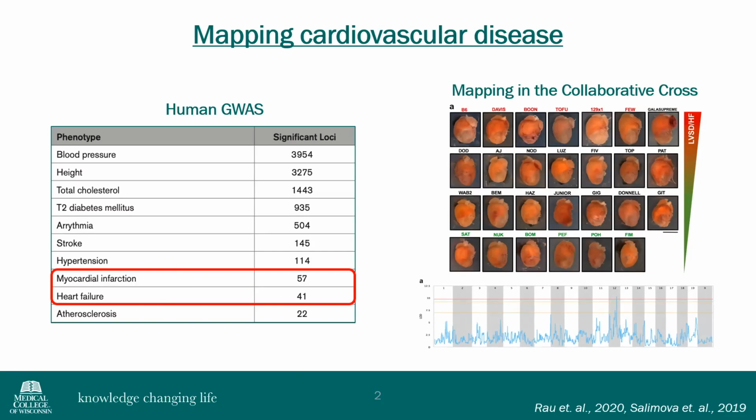However, the challenges with performing experimental MIs still limit the ability to identify relevant loci. And this study was only able to identify one locus that was associated with the prevalence of cardiac rupture, which is an outcome that is very rare in the human patient population.